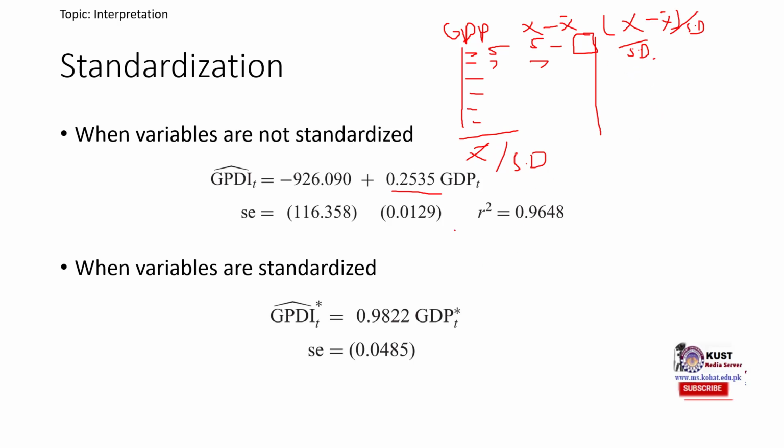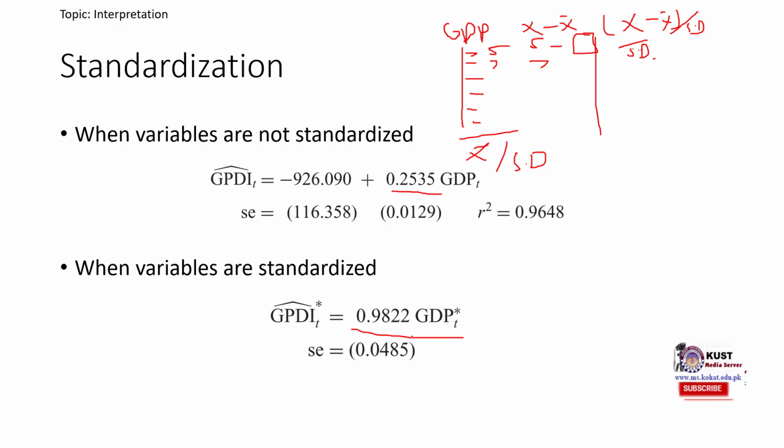So once they are standardized, we run the regression, we get this beta coefficient. And how would we interpret this? The interpretation would be in terms of standard deviation. So in this case, if the GDP increases by 1 standard deviation, now you have noticed that we are interpreting it in terms of standard deviation rather than in terms of their own units, the units that they initially had.